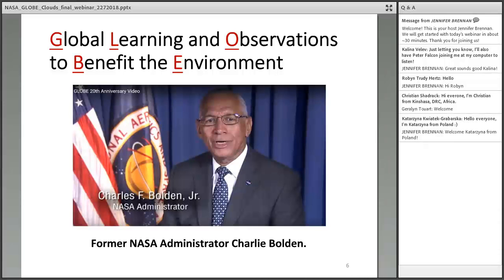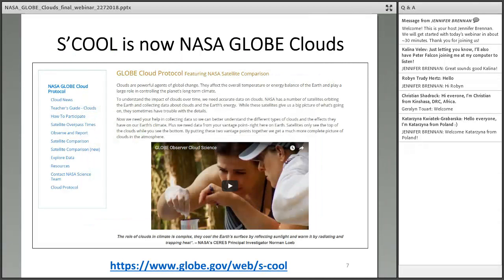And as the name states, it uses teachers, students, scientists, and citizen scientists to do environmental observations, which include clouds in this case. So what we did was then merge the two programs. What used to be SCHOOL is now known as the NASA GLOBE Clouds team. So we've moved all our things into GLOBE.